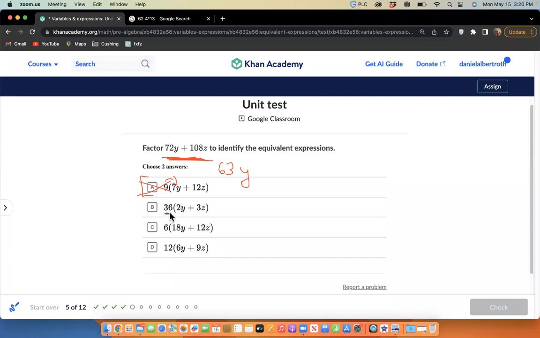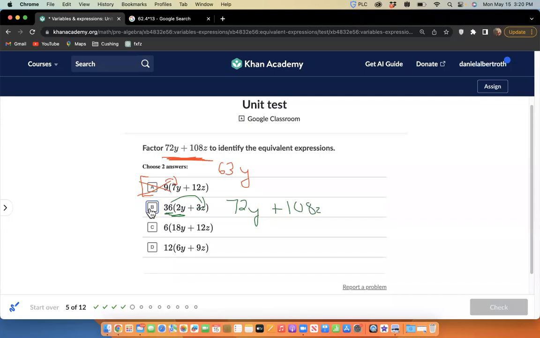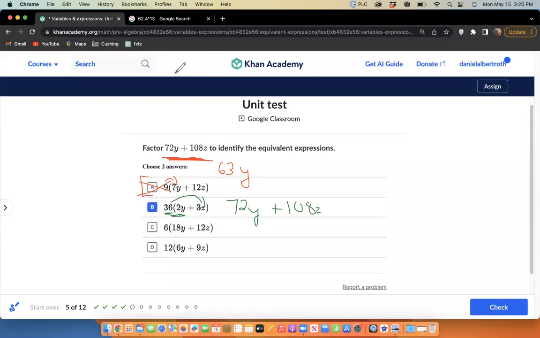36, excuse me. 36 times 2 is 72, so that's 72y. And then 36 times 3 is 30, 60, 90. 90 plus 18 is 108, so plus 108z. So I like that. So 36 times 3 does come out to 108. So I'll check B as one of my choices. 6 times 18, that's 60 plus 48.